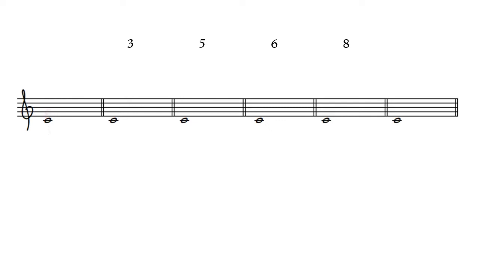We can have a fifth and a third, a sixth and a third, an octave and a third, a sixth and a fifth, an octave and a fifth, or an octave and a sixth. When there are more than 2 notes sounding at the same time, we call the group of notes a chord. Notice that these chords are the possibilities for adding 2 different notes above a bass.